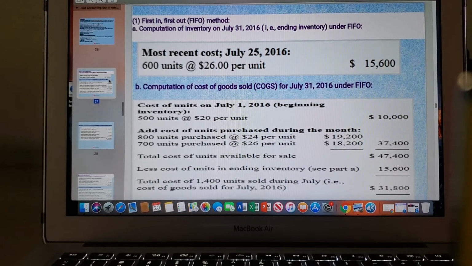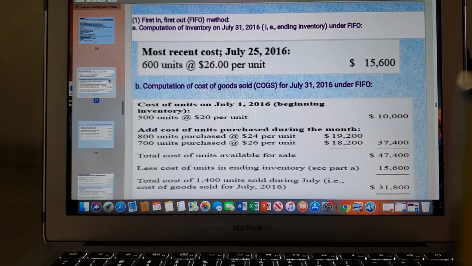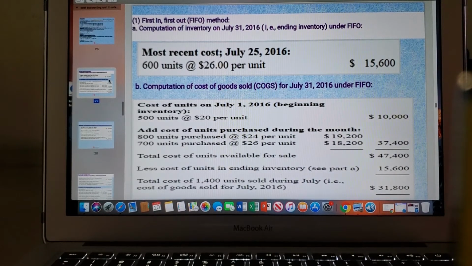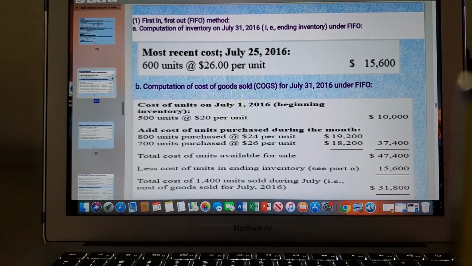Less cost of units in ending inventory, that is part A. It is $15,600, which you had calculated in part A. So the total cost of 1,400 units sold during July, that is cost of goods sold for July 2016, comes to $31,800. So you subtract the $15,600 that you had computed in A from the $47,400, which is the total cost of units available for sale, and it comes to $31,800.